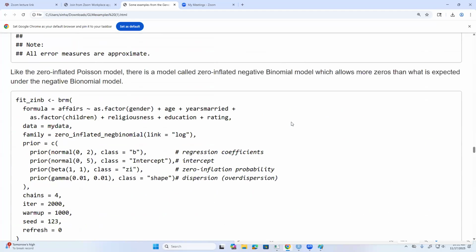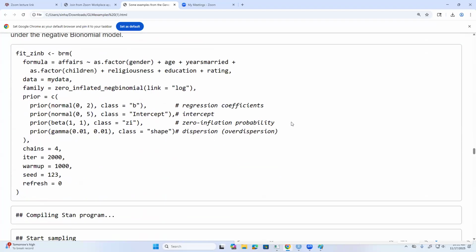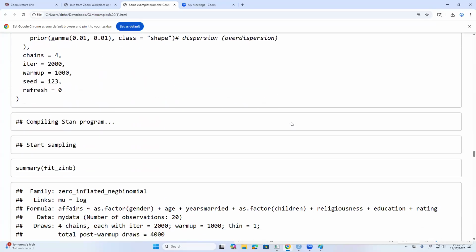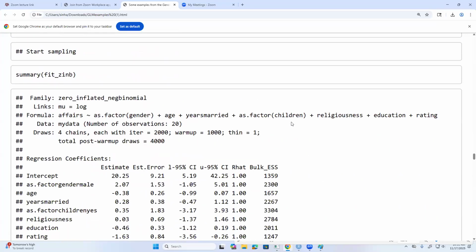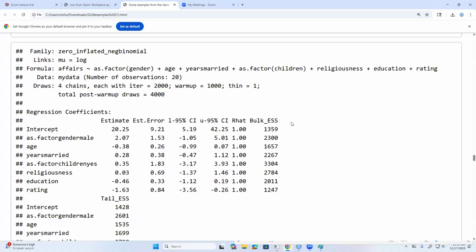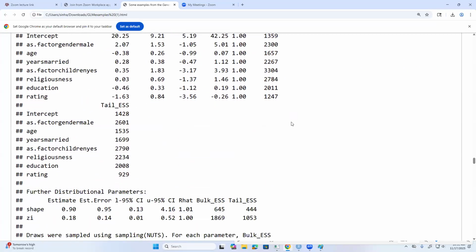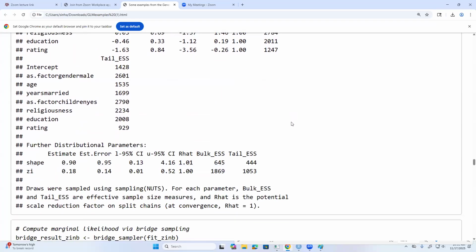So for the zero inflated negative binomial, we fit the model, and you can look at the model parameter estimates.